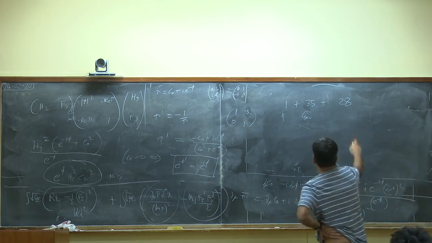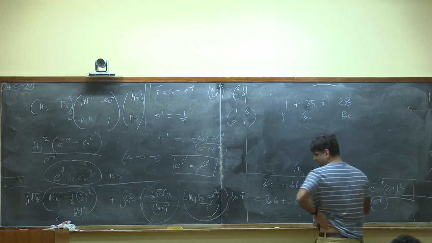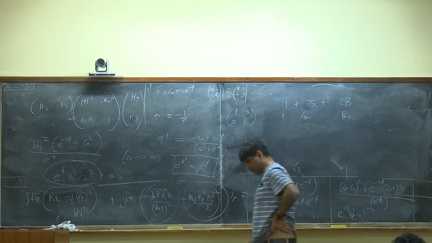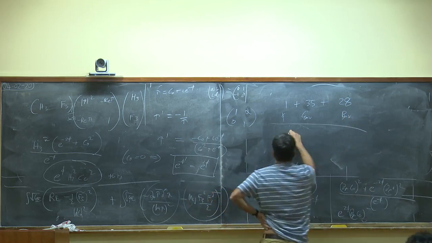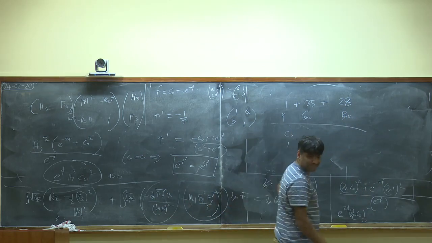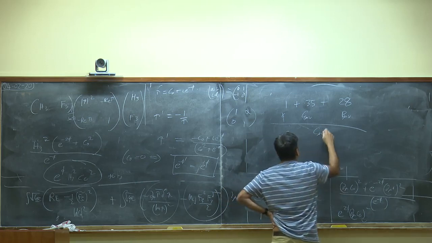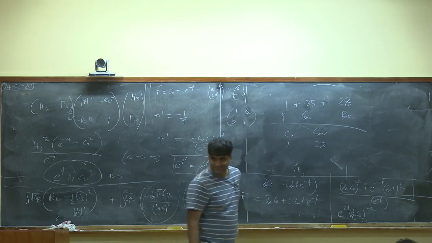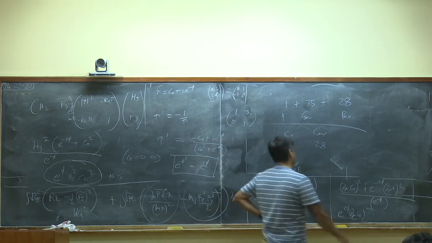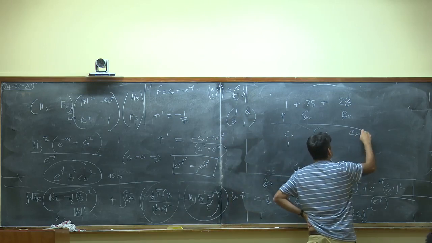Okay? This is B mu nu. Now, what about the Ramond, the C0, which is 1, the C mu nu, which is another 28. And then finally, there is C mu nu alpha beta.